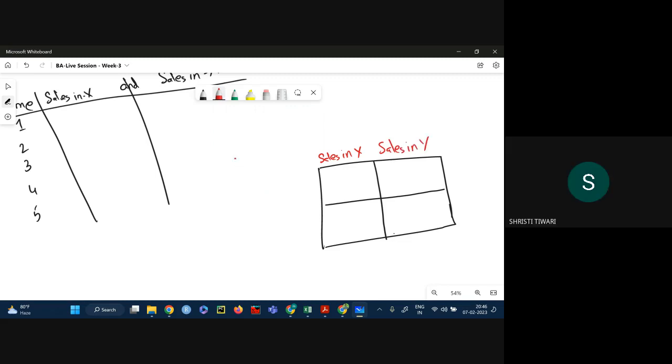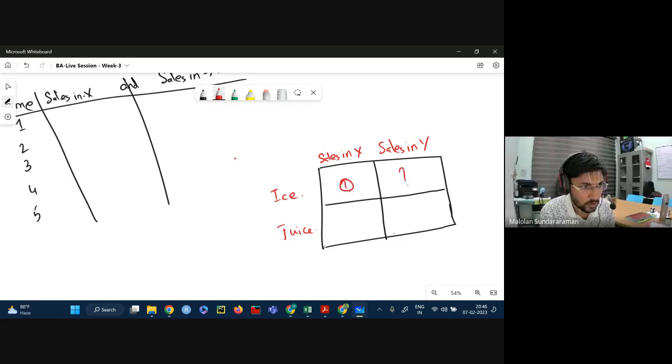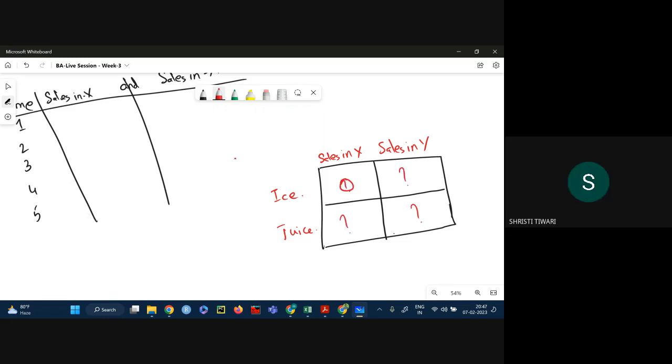And so ice cream should be in first row, juice should be in second row. Then what is the value here? That you have not told me. So the sales in shop X regarding ice creams, I will write in A11.